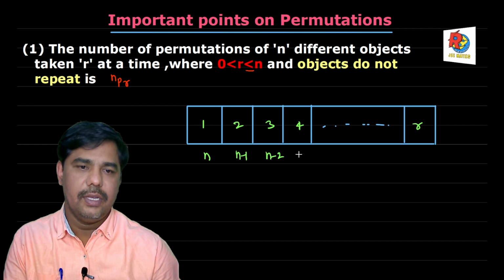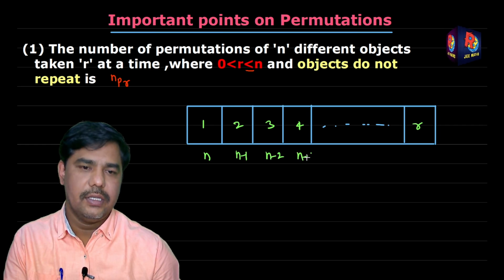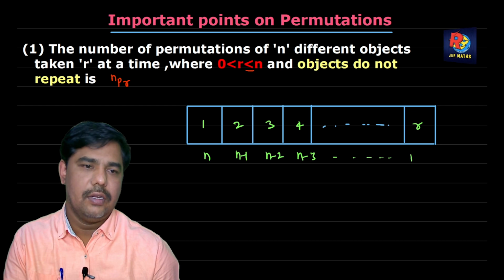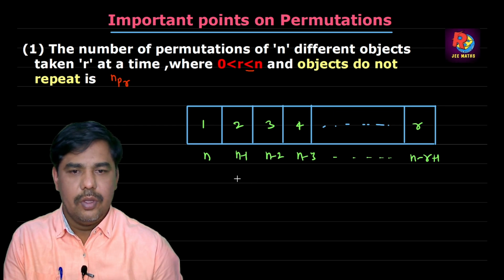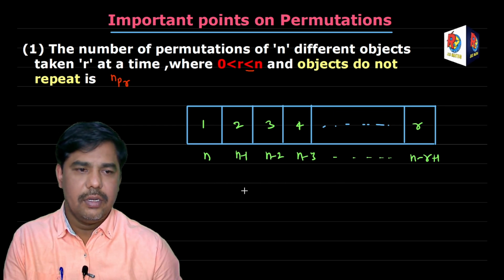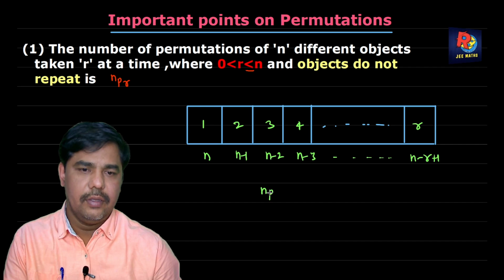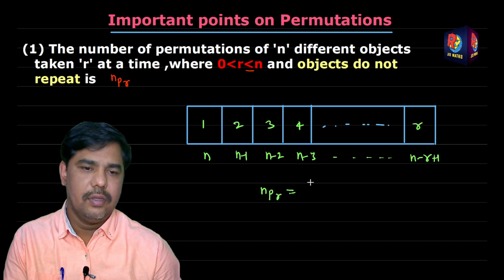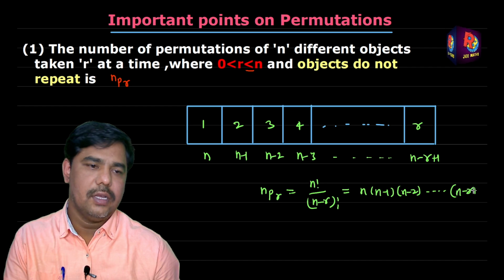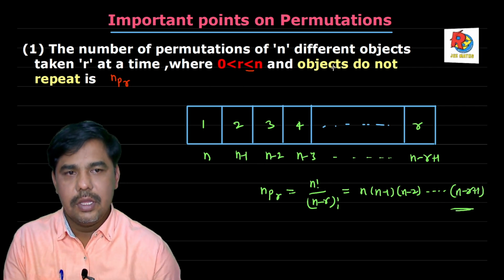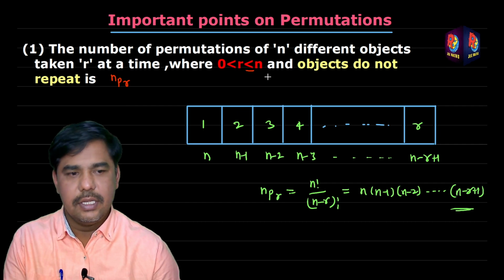So here it will be n minus 2, and here n minus 3, and so on, up to n minus r plus 1. If you multiply all those, this is nothing but nPr. Therefore nPr equals n factorial by n minus r factorial. This is nothing but n into n minus 1 into n minus 2 and so on up to n minus r plus 1.